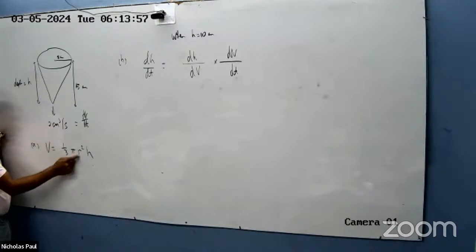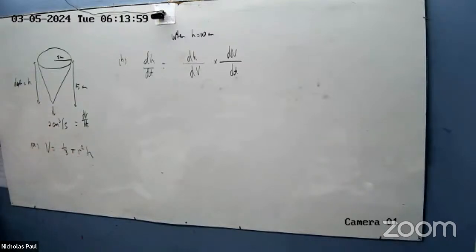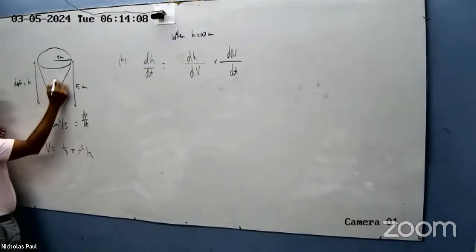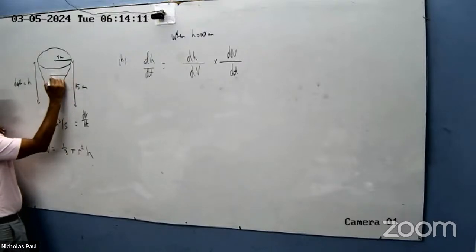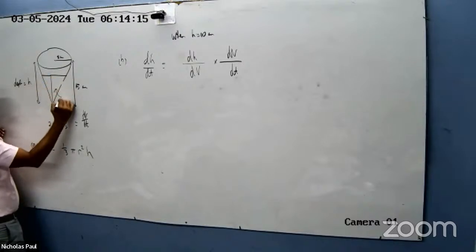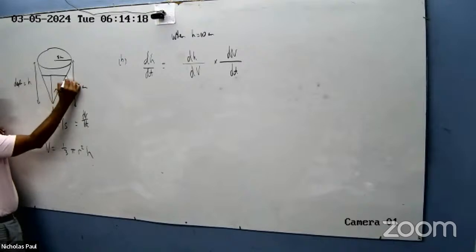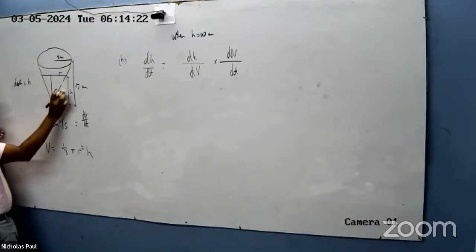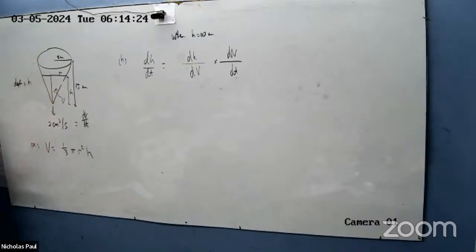So therefore, I need to find a way to get an equation for R. So here we have volume at a particular depth H and radius R. So how do I get that equation? We want to see how it is changing, how to get an equation for R.